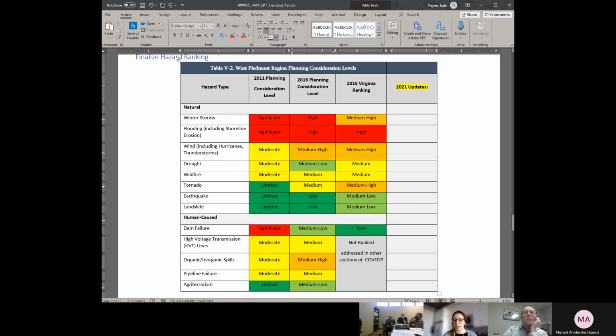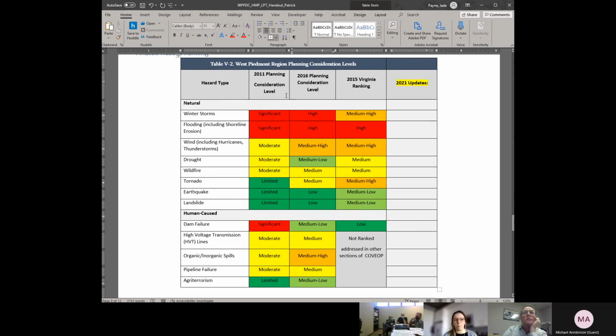So there was talk about raising those. We have listed the 2011 consideration levels on the left, the 2016 levels in the middle, and then for comparison, the Commonwealth of Virginia rankings on the right. So if you see any categories that you think should be lower or higher, you can go ahead and take those into consideration.